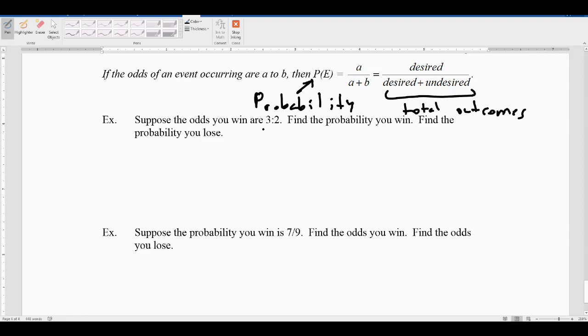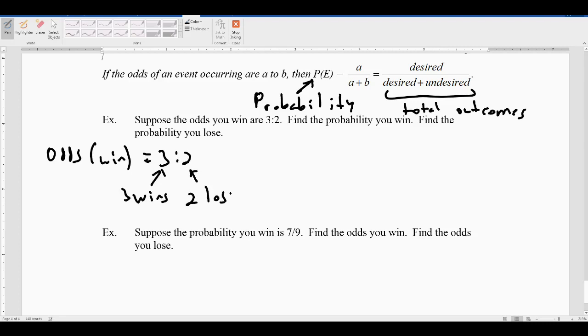So let's do an example. Suppose the odds you win are 3 to 2. Find the probability that you win. So the odds that you win are 3 to 2. What that means is that's 3 wins and 2 losses. When you add those together, that's 5 total outcomes. See that?